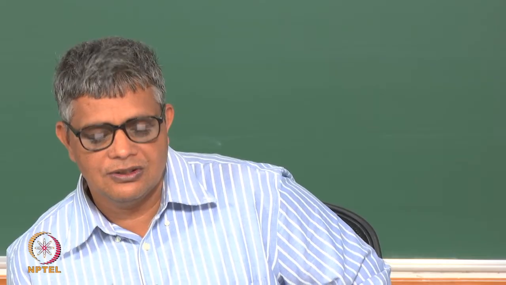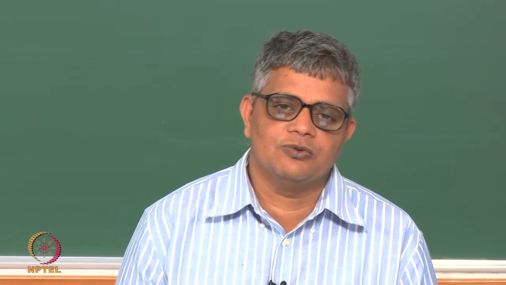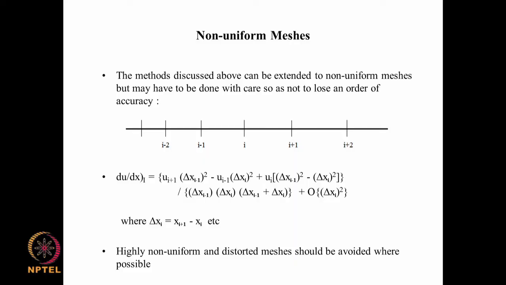So, you need to really see whether you would like to have that kind of variation and accordingly adjust your geometric progression based on the number of grid points you want to put and the domain length and what should be the grid size in the center and what should be the grid size close to the wall where there may be gradients, and so we have to take care when we make the mesh, okay.